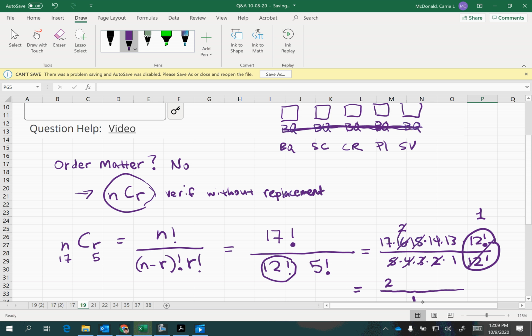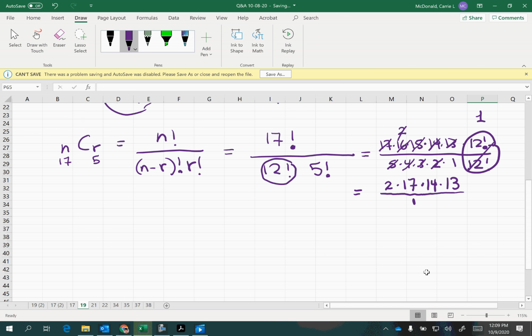So what's remaining? I still have a 17 that I need to write in there, a 14, and a 13. Okay, so now that I have crossed everything off, I have a simplified version, and I'm going to just rewrite this as 2 times 17 times 14 times 13.